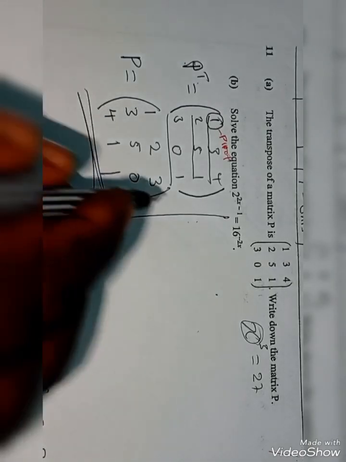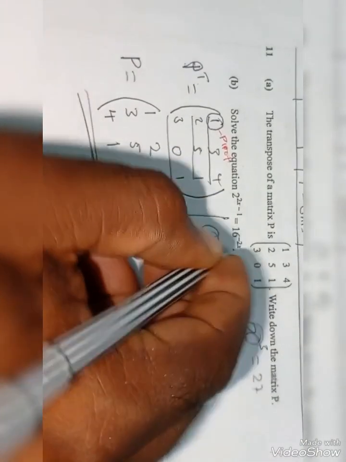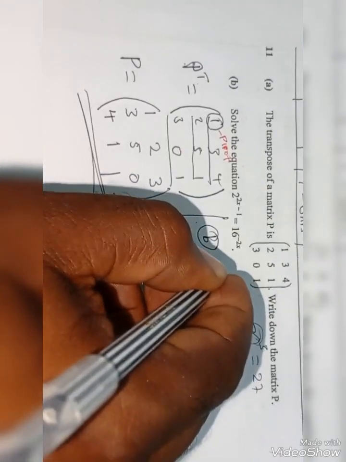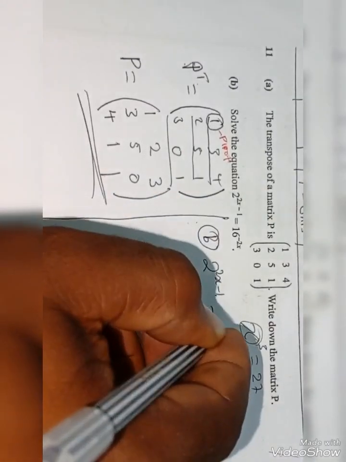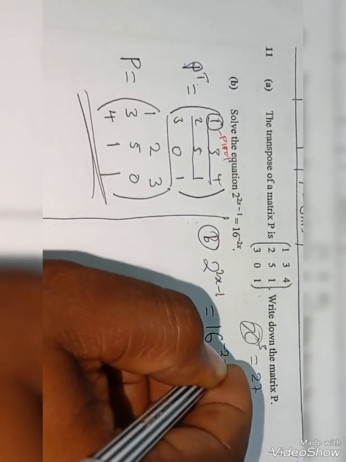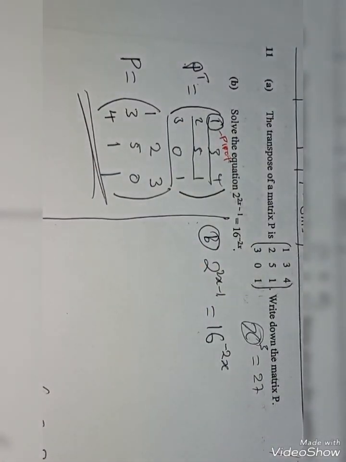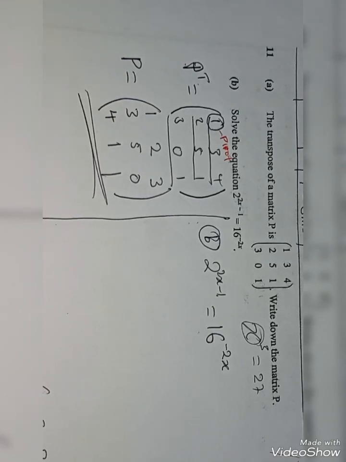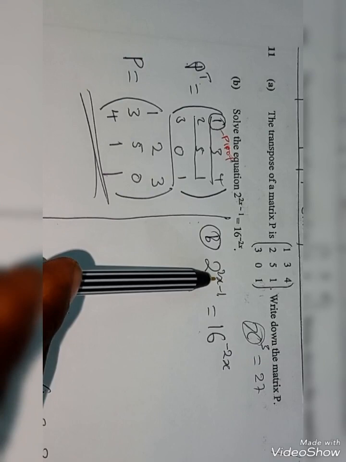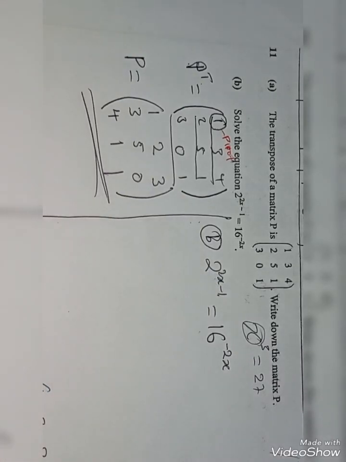Let's solve part B: 2 to the power 2x minus 1 is equal to 16 to the power negative 2. How do we solve this equation? If the variable is a power, number one, ensure that you have equal bases.